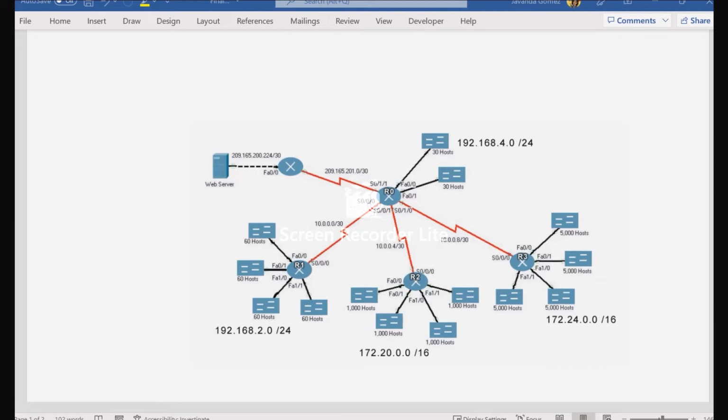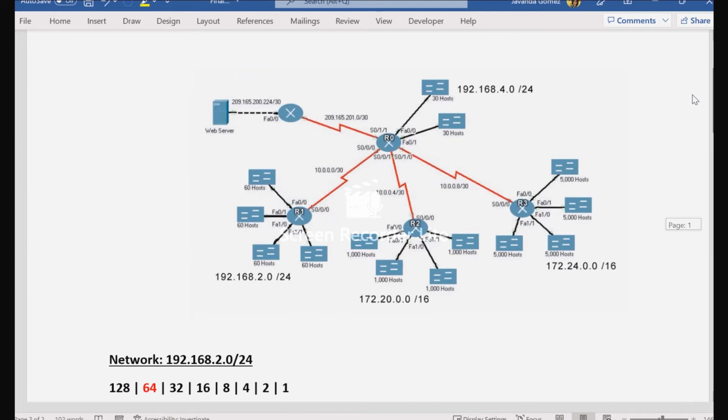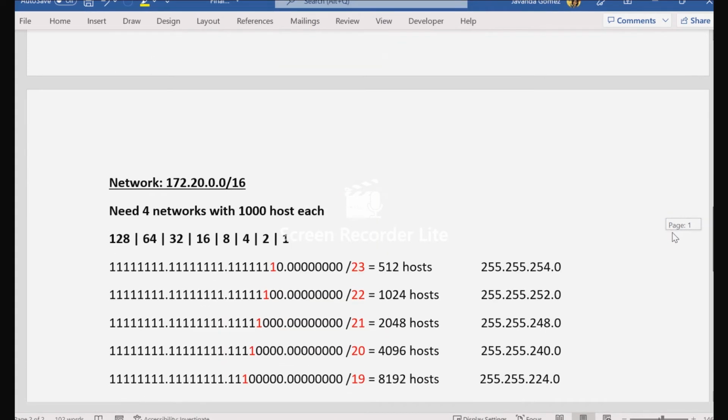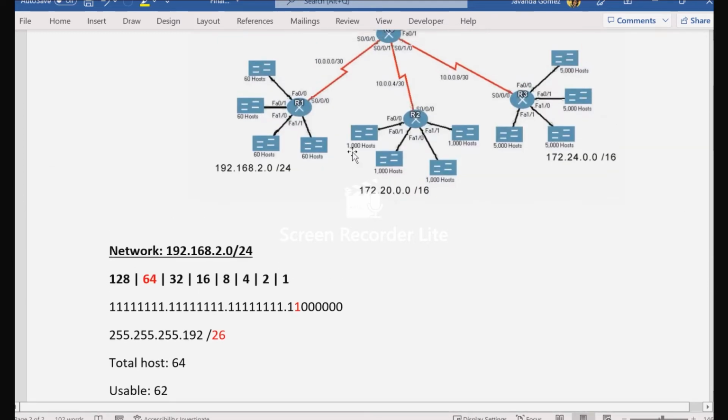Let us now move on to R2, our router 2, and work out the subnetting for this network. So our network is 172.20.0.0/16. Now we are to get a total of 1,000 hosts per network.